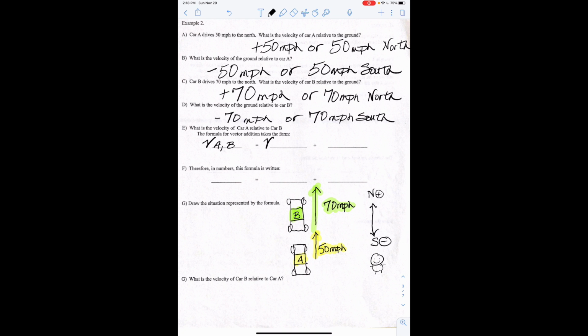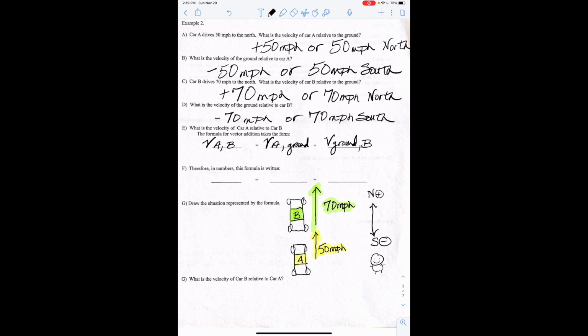Velocity of A relative to the ground plus the velocity of the ground relative to B. All right, so good. So we got our third object in there in our formula, and we should be good figuring this out.